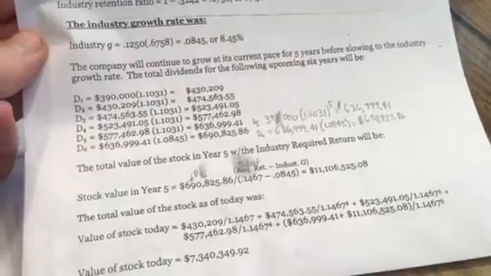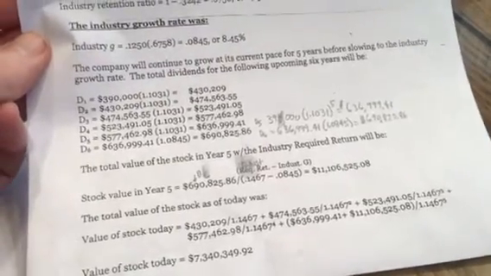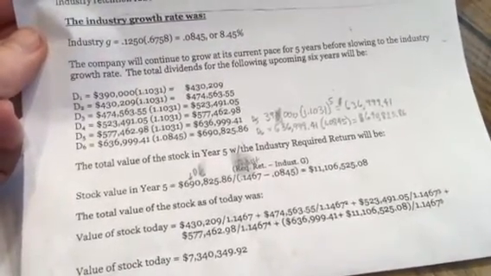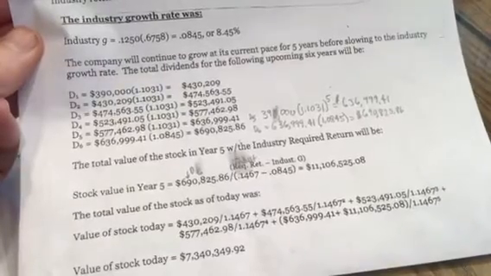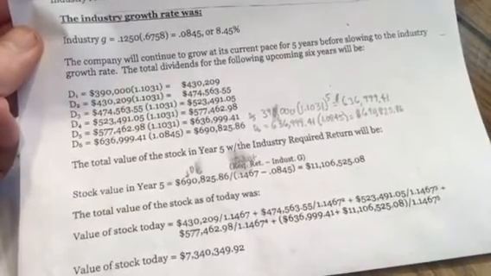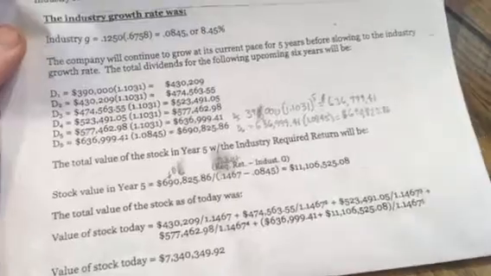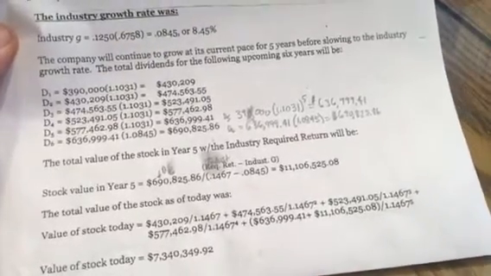We used the discount rate and discounted each cash flow, and then calculated the sum of that.